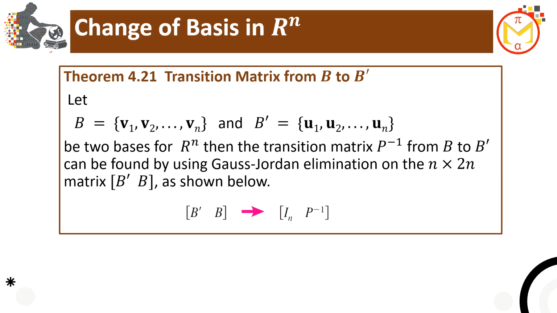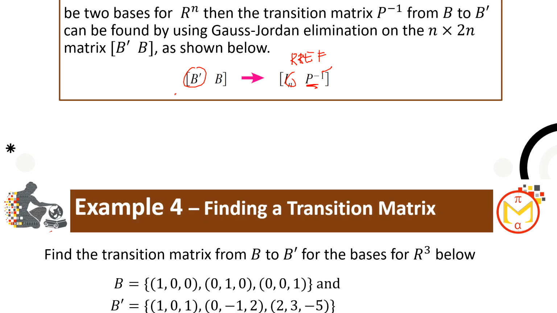What we get after doing the Gauss-Jordan elimination, or the RREF, reduced row echelon form, is that you have to change B prime to I, and whatever the result here is your P inverse.